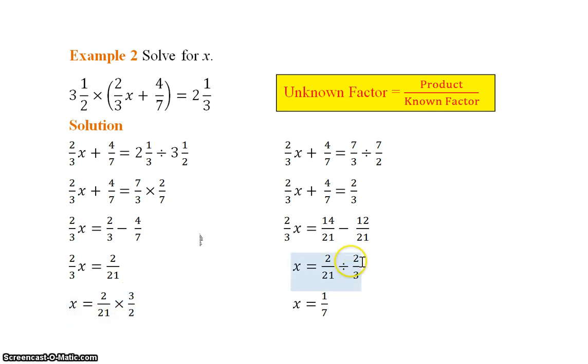So to divide by 2/3 is the same as to multiply by the reciprocal 3/2. The numerator of the first fraction, 2, we can cross out with the denominator of the second fraction, and 3/21 we can reduce by 3. The result would be 1/7. So the answer is 1/7.